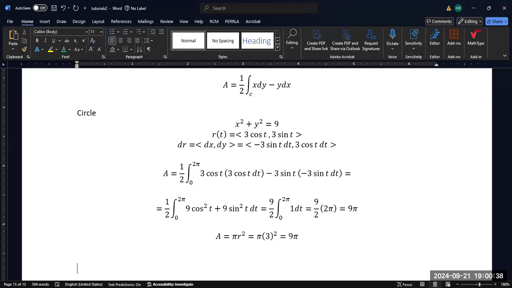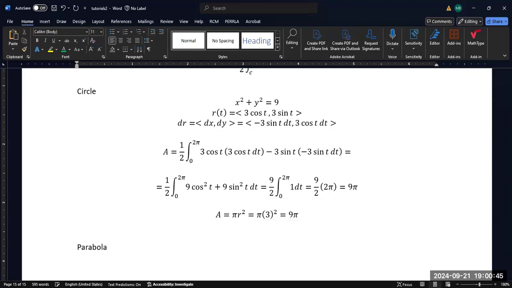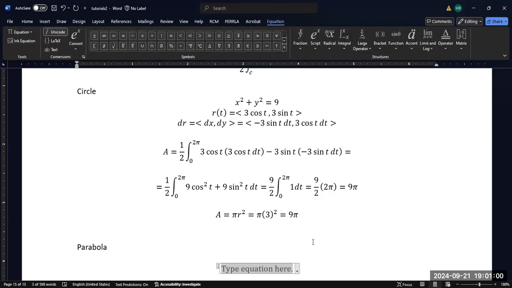Great. So let's think about this from the standpoint of a parabola. Now, the area under a parabola, we would have to calculate manually, right? So we would have to use regular calculus to find the area of it. So let's do this the traditional way.